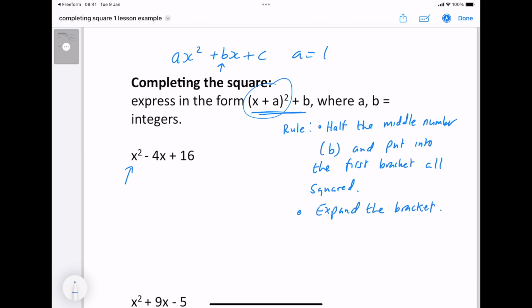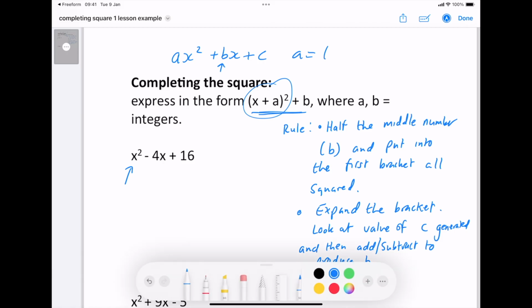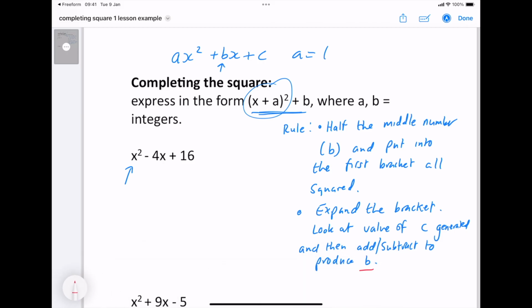Once you've expanded the bracket, look at the value of C generated and then add or subtract to produce B. When I say B in this case, I mean if I underline, as in this value there, B there. Not this original B, but the one in the completed form.